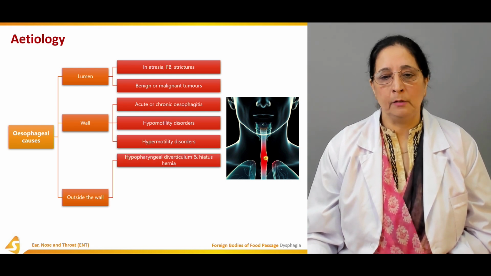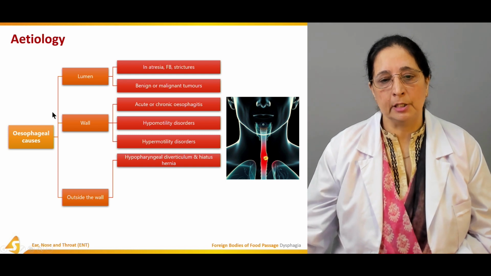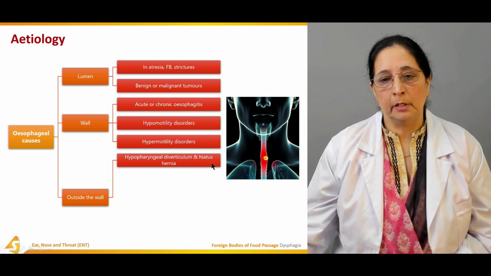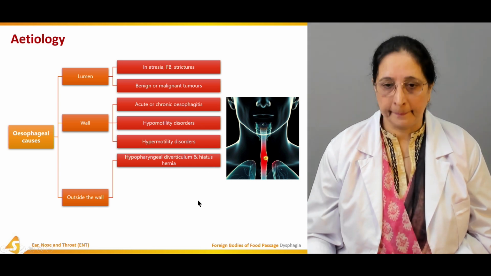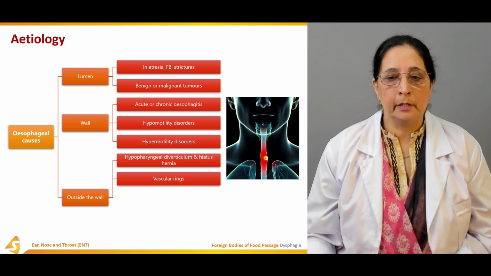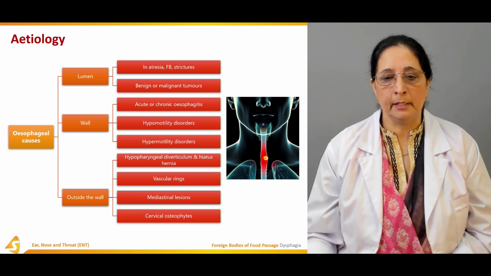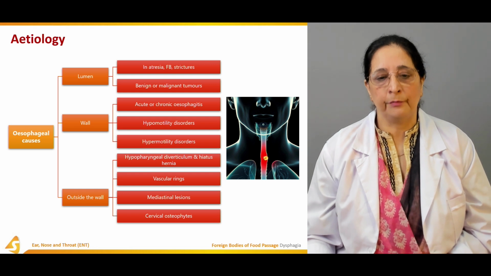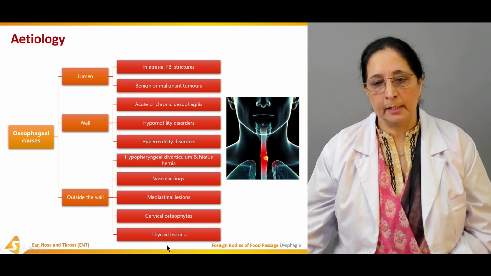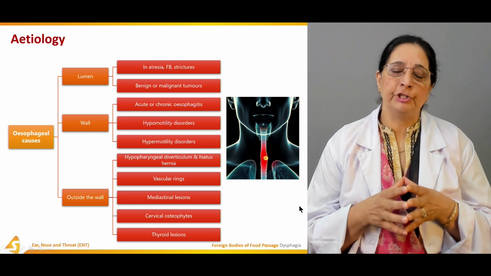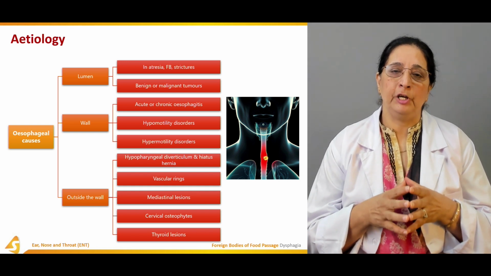and outside the wall, conditions like hypopharyngeal diverticulum and hiatus hernia, vascular rings, mediastinal lesions, cervical osteophytes, and thyroid lesions. So these are some common conditions that can lead to dysphagia.